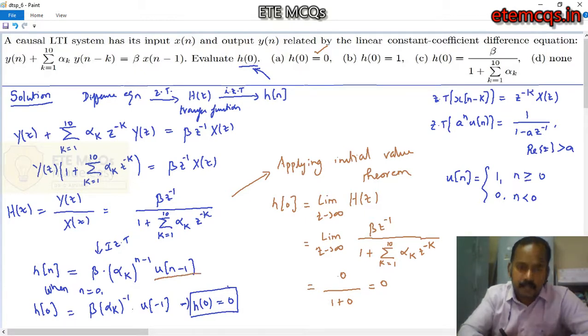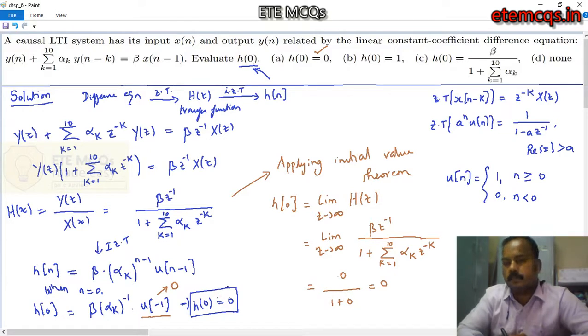When n is equal to 0, you get u of minus 1, which becomes 0, so anything into 0 becomes 0. h of 0 is equal to 0. This is by taking inverse Z transform, and the other is by making use of the initial value theorem. Both are equally correct.